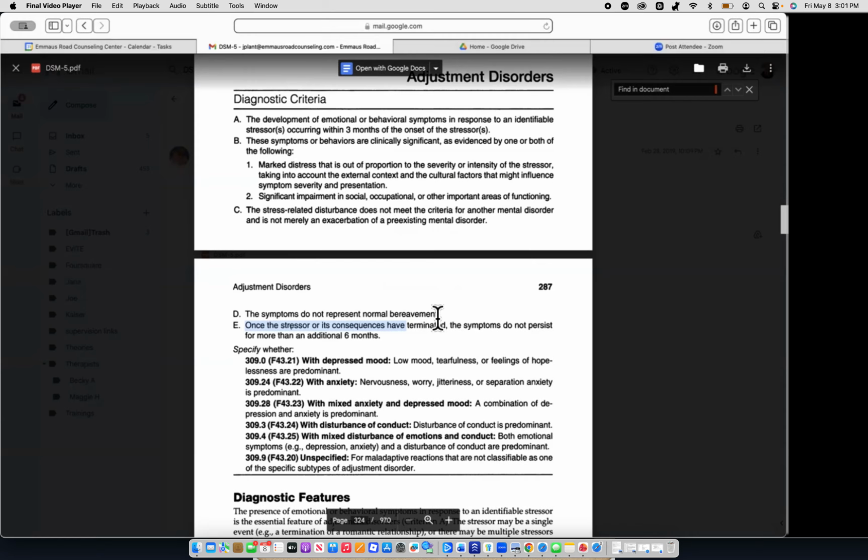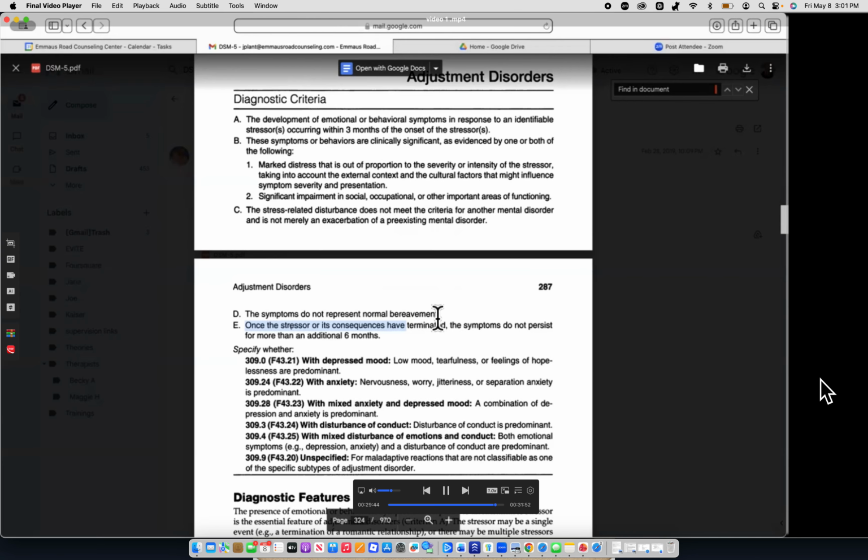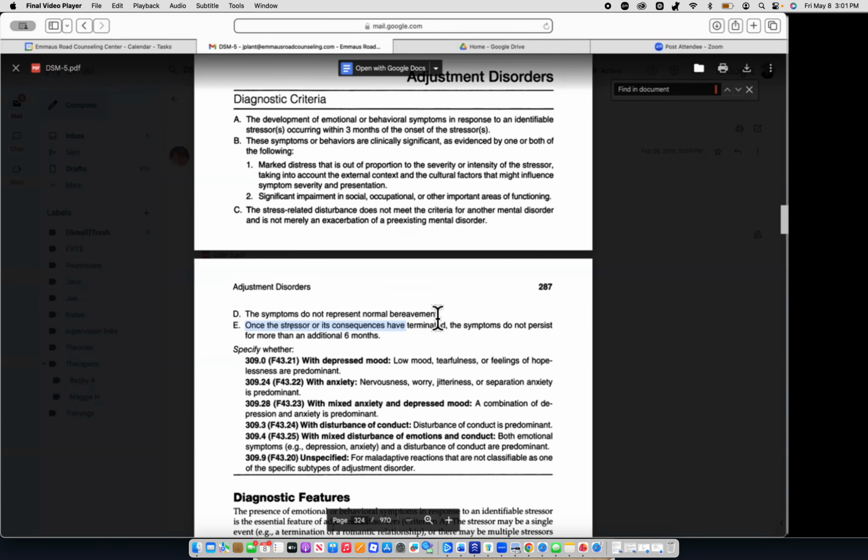And then all of a sudden the parents stopped having visits with him. Well, that's an additional stressor. Let's say the kid, for whatever reason, got bounced from foster home to foster home, and the duration of this was longer than 6 months. Then they would meet the criteria for adjustment disorder, even though it was longer than 6 months, because the stressor was still present. And so the key is once the stressor or the consequences have terminated, the symptoms do not persist for more than 6 months.